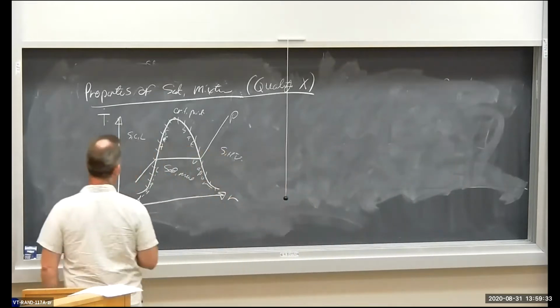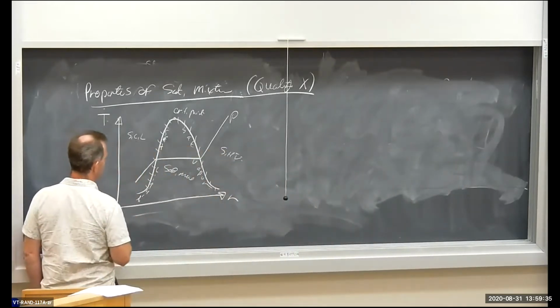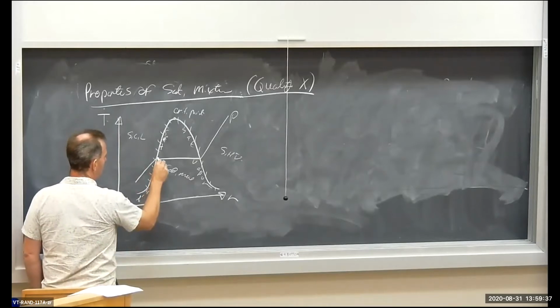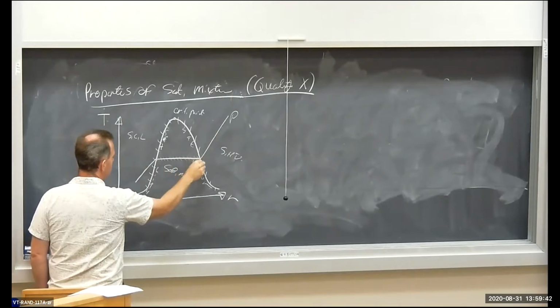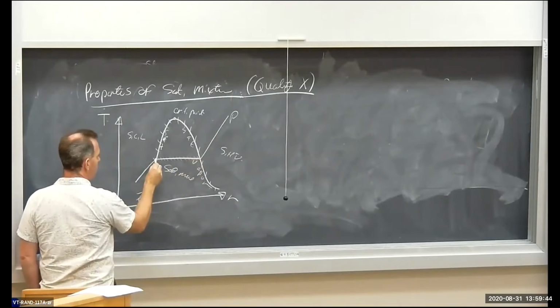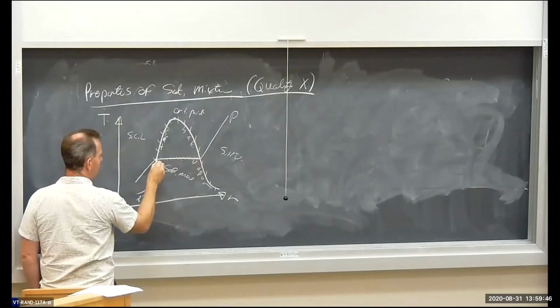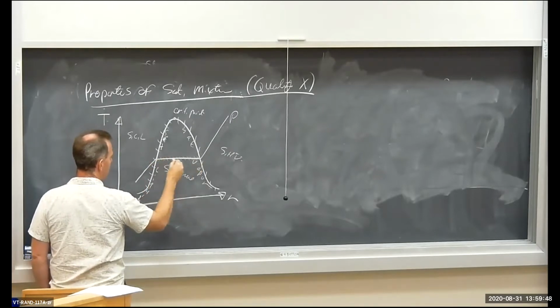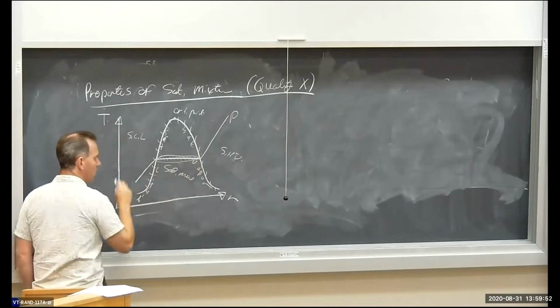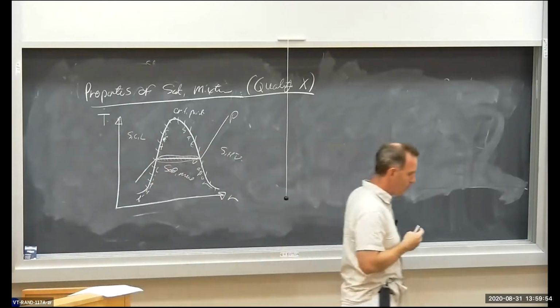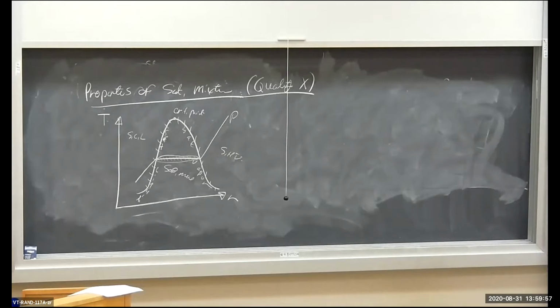For example, what if you are on this part of the isobar? You need a way of describing whether you're a saturated liquid, a saturated vapor, or somewhere in between. So we need something besides temperature and pressure to define the state.